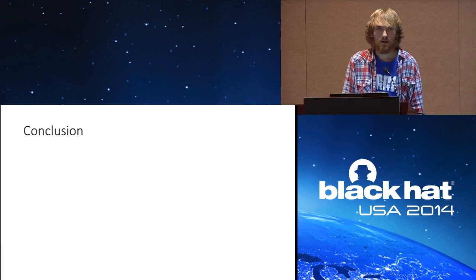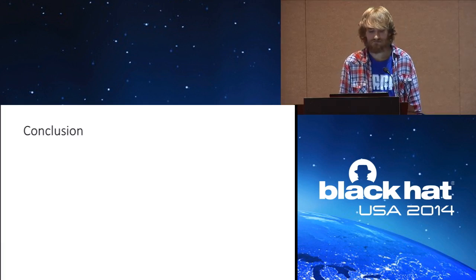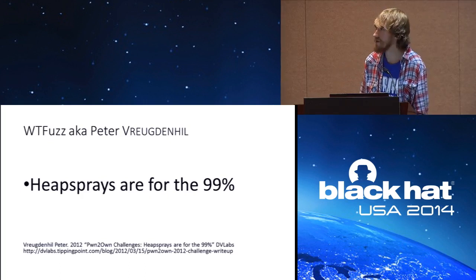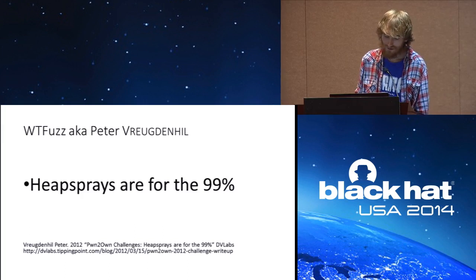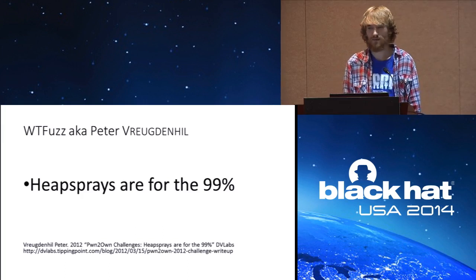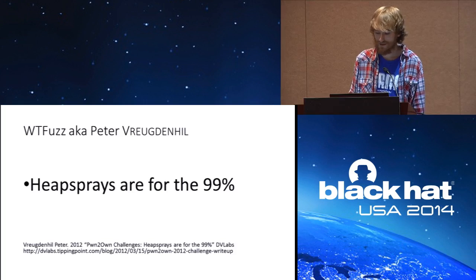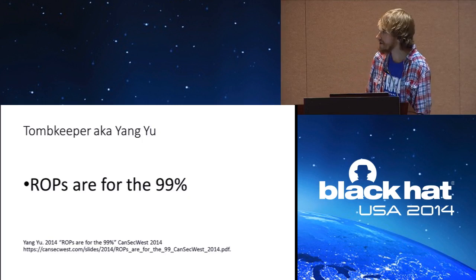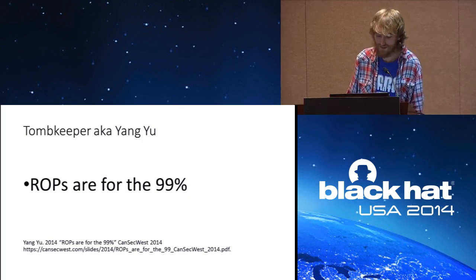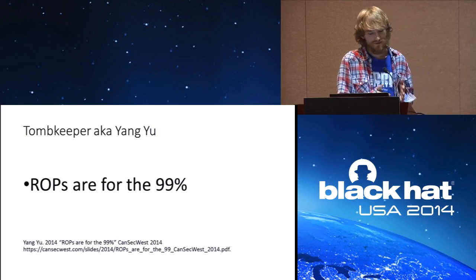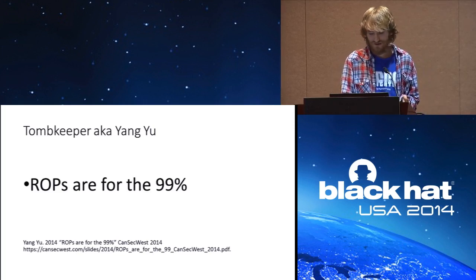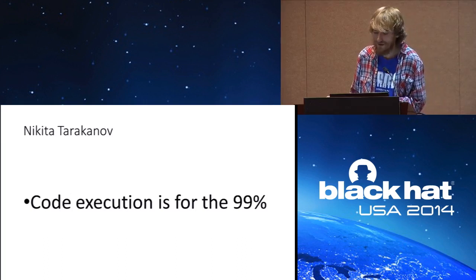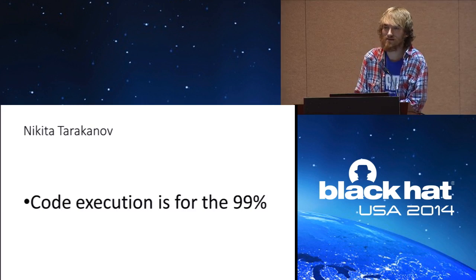So in conclusion, there are some nice quotes that represent how exploitation techniques evolve. First, a nice quote by Peter: heap sprays of 99%. The follow-up was by Tombkeeper: return-oriented programming is for 99%. But I thought, talking about elevation of privilege, what if we don't need our own payload, because everything legitimate is already inside?